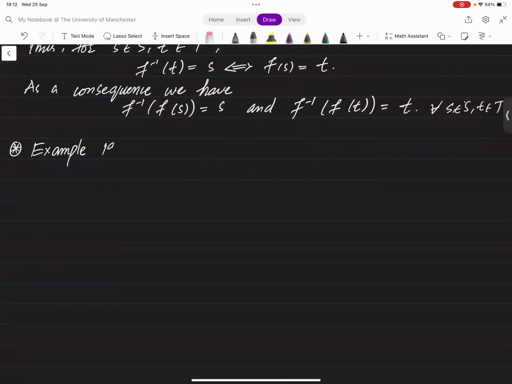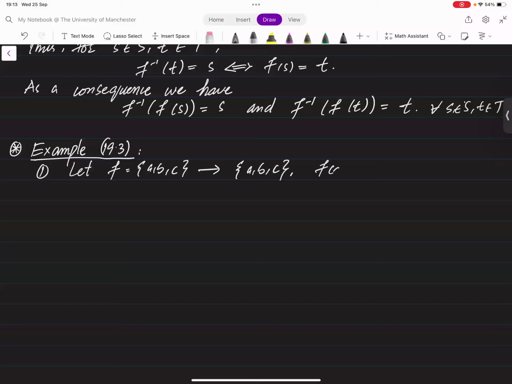So let's give an example. This is going to be 19.31. The function which we defined before as a bijective function, from {a, b, c} to {a, b, c}, with the condition that f of a is b, f of b is c, and f of c is a.